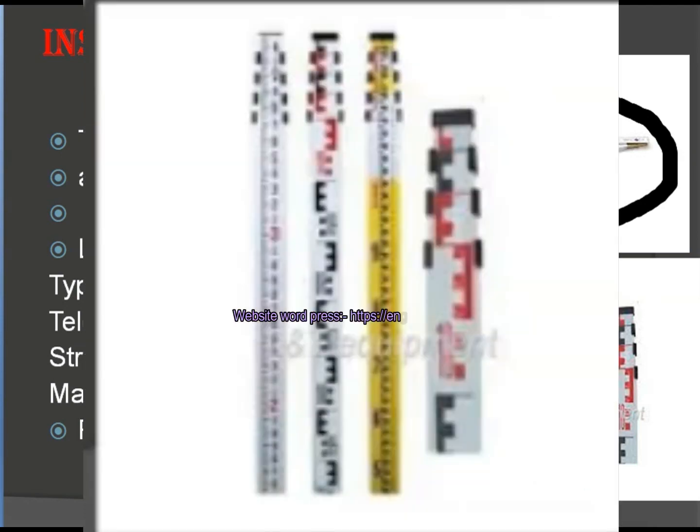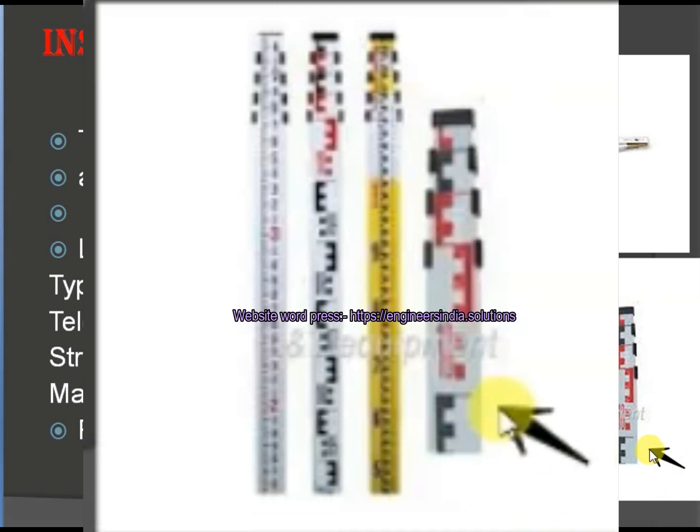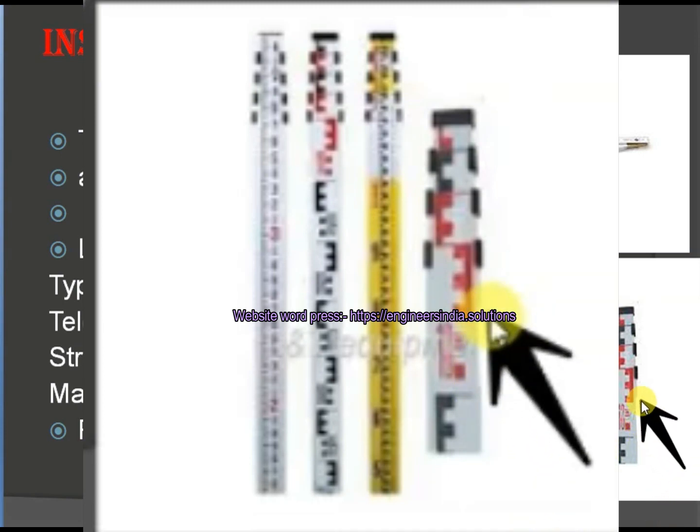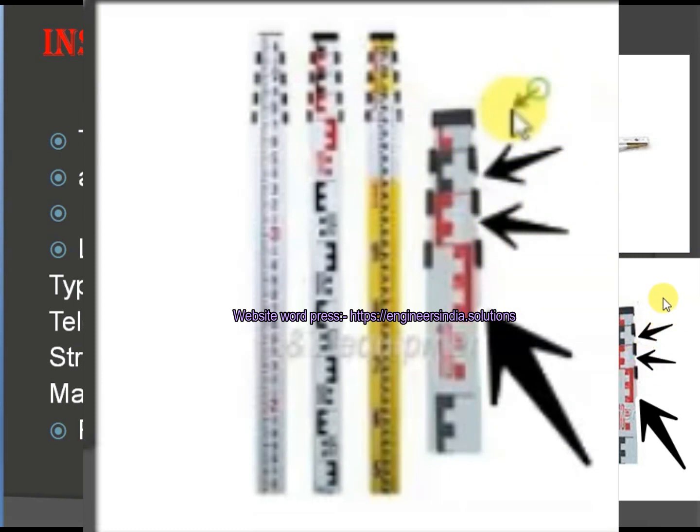Then there are other types of staff which are about 4 meters, 5 meters and 6 meters. This is the first meter, this is the second meter, this is the third and this is the fourth. So this is a 4 meter staff. Similarly, we have a 5 meter and a 6 meter staff available as well.